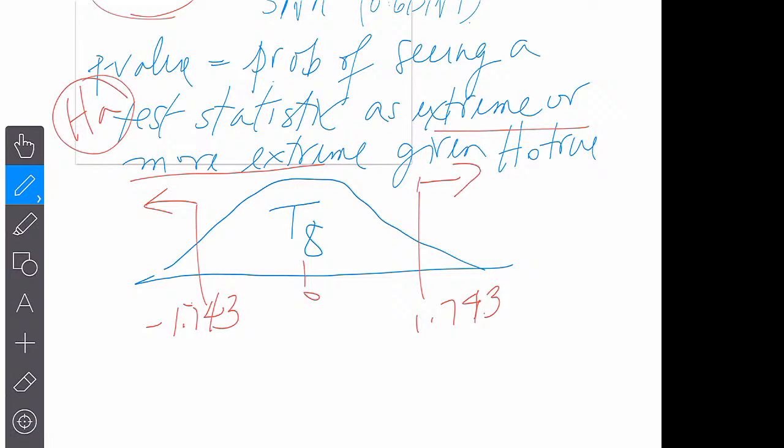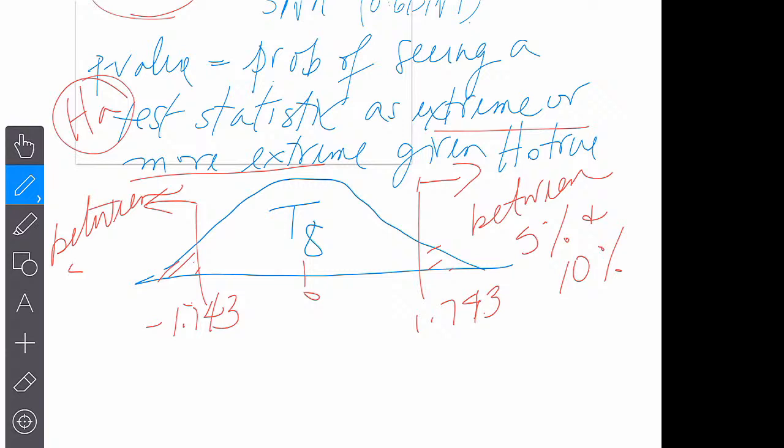The chance of being out here, well, we figured out the chance of being here, and it was between 5% and 10%. And the chance of being here was between 5% and 10%.